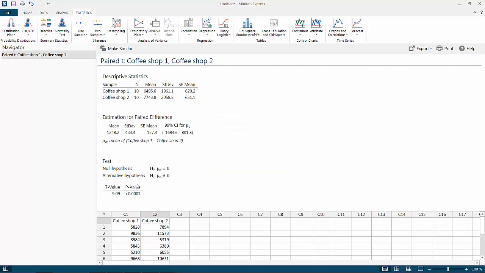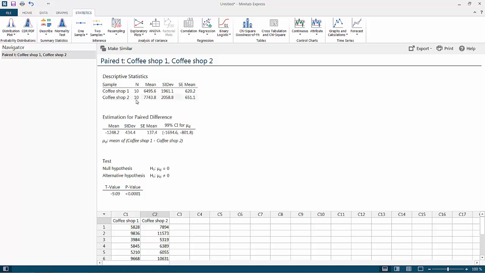I will now click OK. So we got these descriptive statistics first. For coffee shop 1, N is 10. The mean is 6495.6. The standard deviation is 1961.1. The standard error is 620.2. So this is only for coffee shop 1.